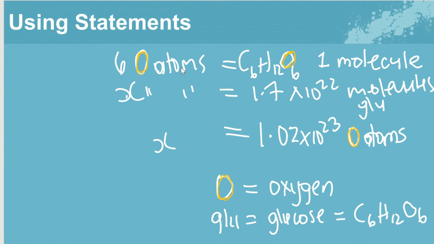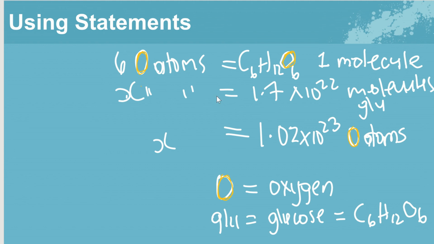And so for part B, in which we're asked to convert molecules to atoms, we have to write our conversion factor, which is 6 oxygen atoms is equal to 1 molecule of glucose, right? This is the molecular formula for glucose.